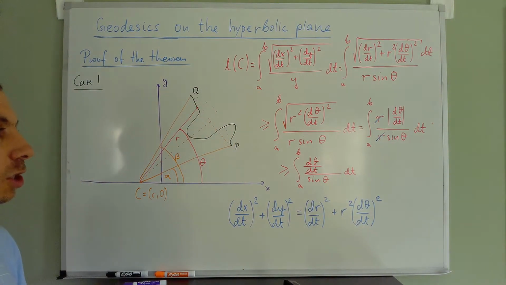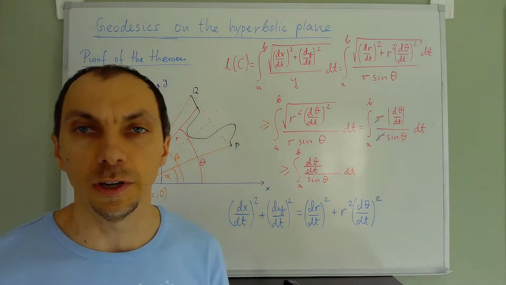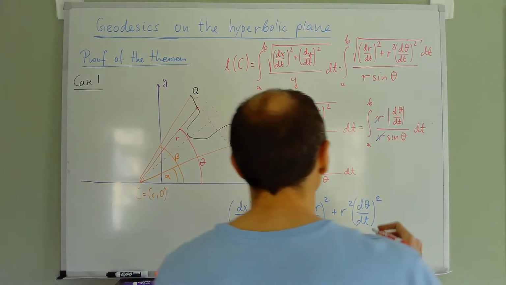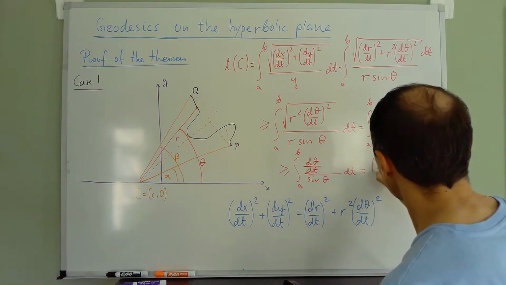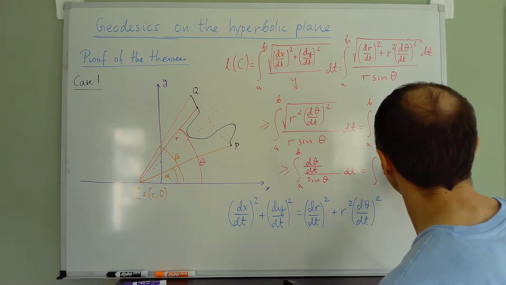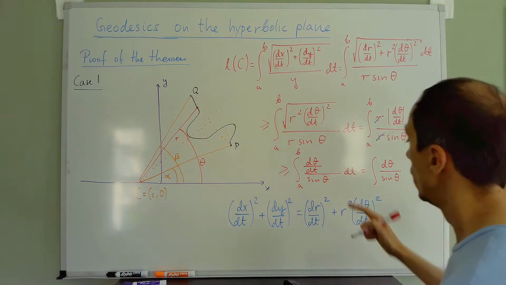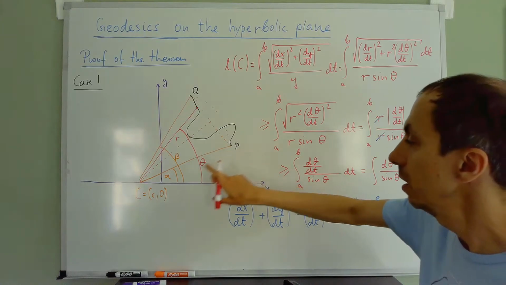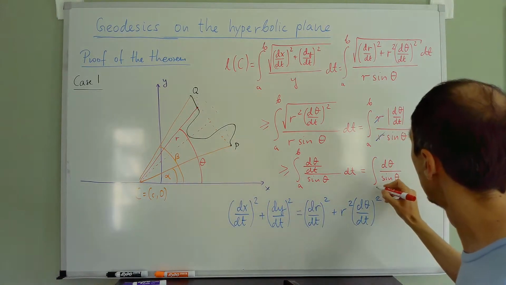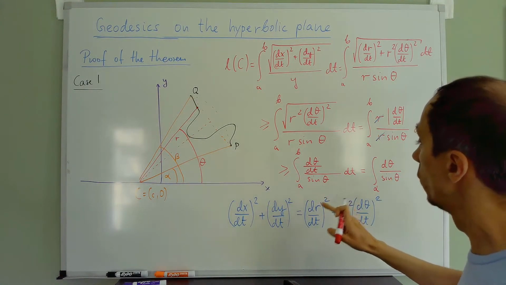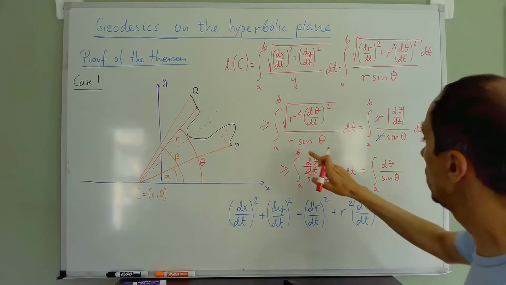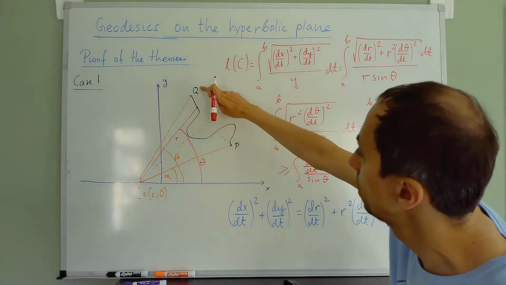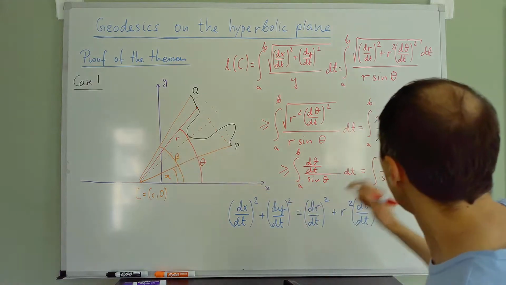And now using a change of variable, changing from the variable t to variable theta, I get that this is just the integral of d theta over sine theta, except I need to change the bounds. When t is a, that means I'm at the point P, so the angle theta is alpha. And when t is b, that means I'm at the point Q, so the angle theta is beta.